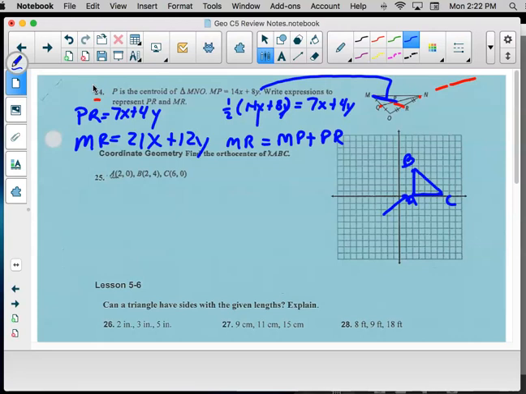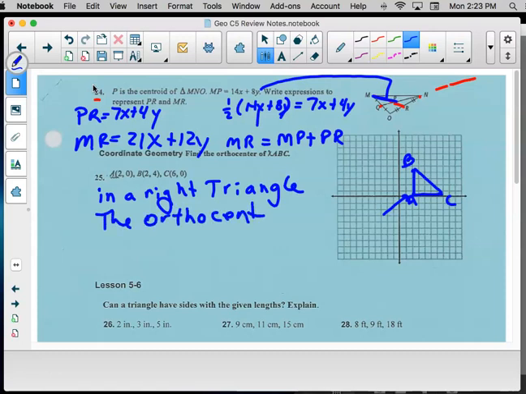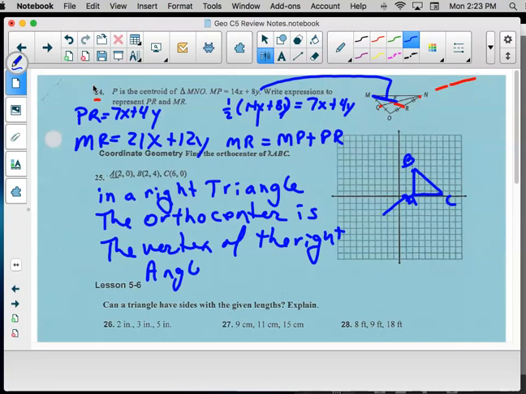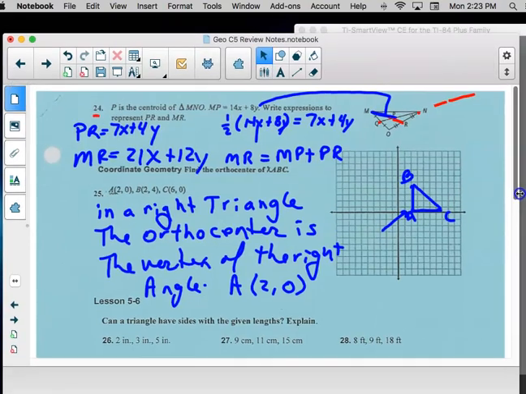So remember, in a right triangle, the orthocenter is the vertex of the right angle. Okay, so the vertex of the right angle is point A, 2, 0. All right, so let's move on.